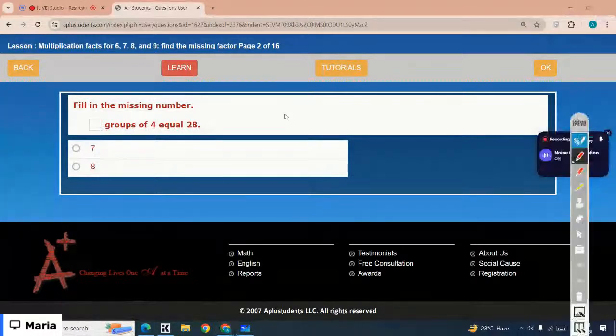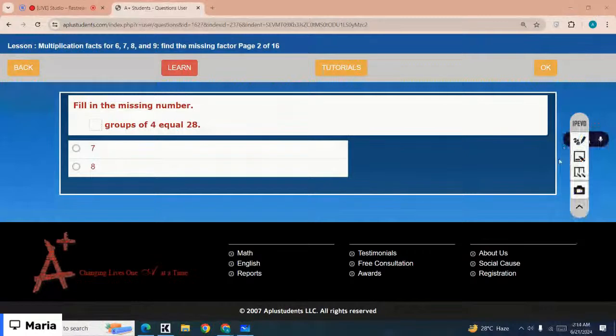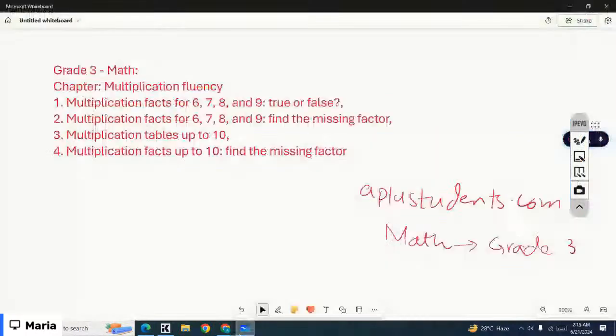So you have to find what number times 4 is 28. So which is the correct option?